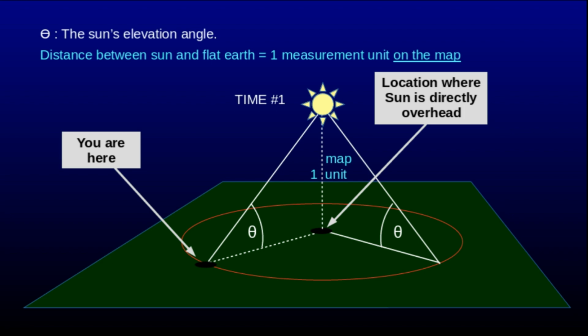Whatever that is, whether it's 10 centimeters or 1 foot or a meter, it doesn't matter. We'll call it one map unit. We can make the conversion later. And then the radius of the circle is 1 divided by the tangent of theta. So the circle 1 divided by tangent of theta radius, that red circle now represents a circle around the sun's position where sun rays hit the Earth at an elevation angle theta.